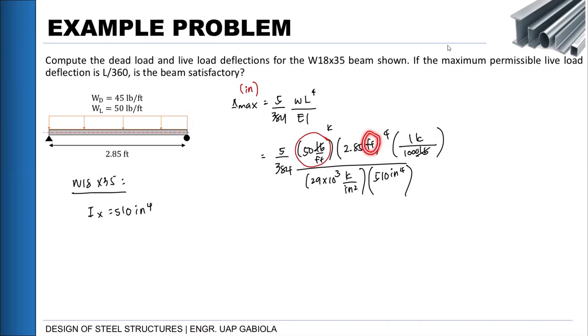Itong naka-fit to the fourth, kailangan ma-convert, kaya multiply natin ng for every 1 foot, there is 12 inches, and then raise mo to the 4. Okay? So, matitirang unit ngayon are dito sa first one is kip per foot. Tapos meron tayong inch.